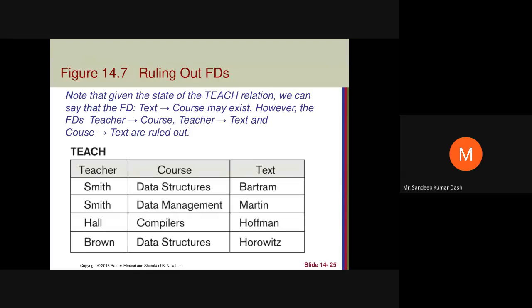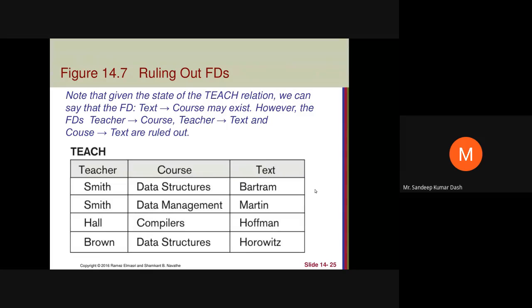Take any two rows as an example. Suppose this one is T1, this one is T2. T1 is equal to T2? No. Taking any other pair as T2, then also no.